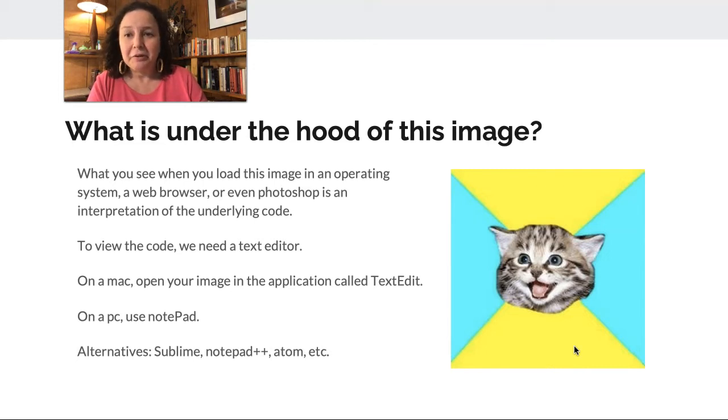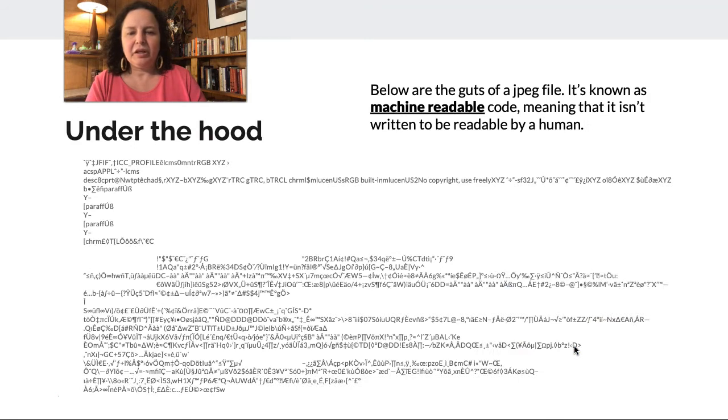You may have to download it from the App Store. I think it's called BBEdit now. In any case, multiple things work. Text editors are a dime a dozen. And what you get when you open up the JPEG in a text editor is basically what probably any reasonable person would call gobbledygook.